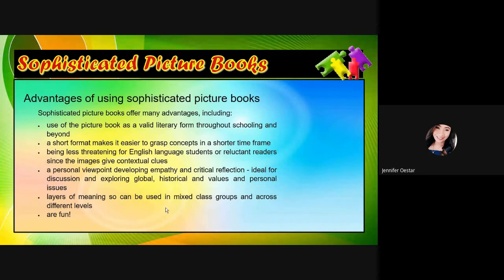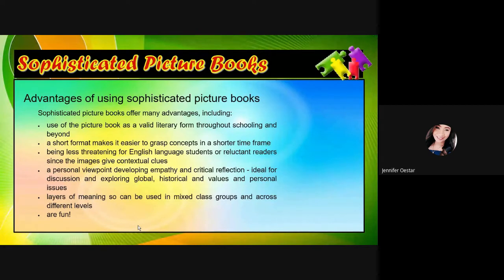Use of the picture book is a valid literary form throughout schooling and beyond. So probably it's used in schooling already. And a short format makes it easier to grasp concepts in shorter time frame, being less threatening for English language students or reluctant readers since the images give contextual clues. So the picture should be related to the text. A personal viewpoint developing empathy and critical reflection.